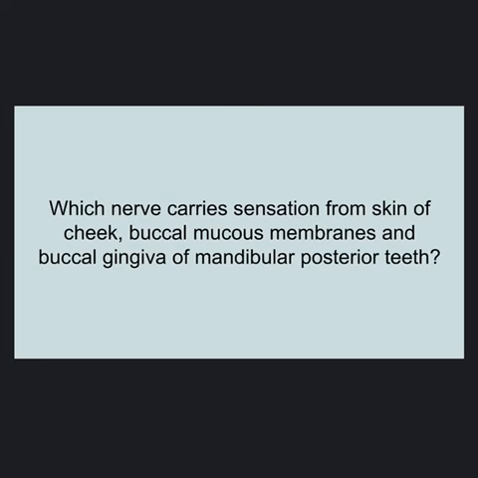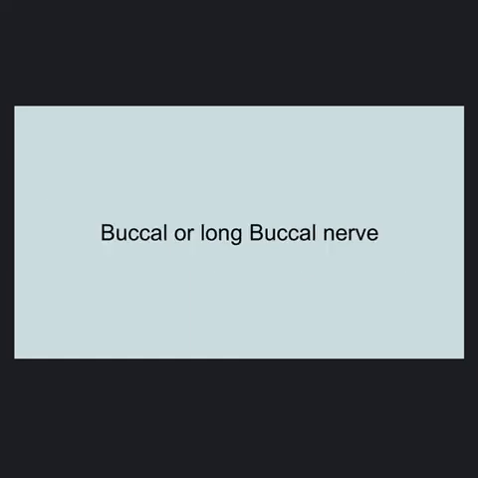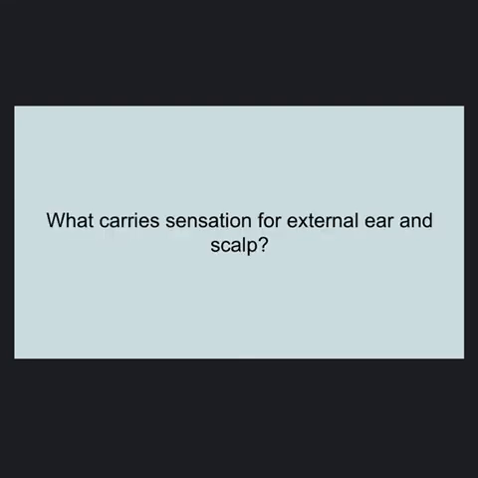All right, I only have a few questions. So, which nerve carries sensation from the skin of the cheek, the buccal mucous membranes, and the buccal gingiva of the mandibular posterior teeth? That is the buccal or the long buccal nerve. What carries sensation for the external ear and scalp? Again, ear should be an automatic hint.